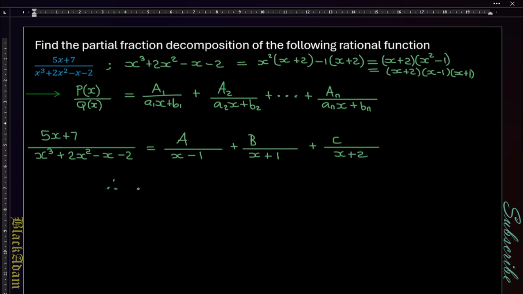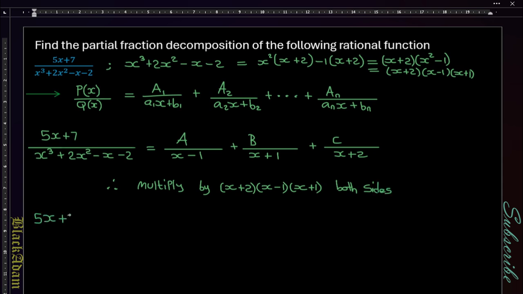And those are the ratios; the order doesn't matter. Then we multiply both sides by the denominators x plus 2, x minus 1 and x plus 1.